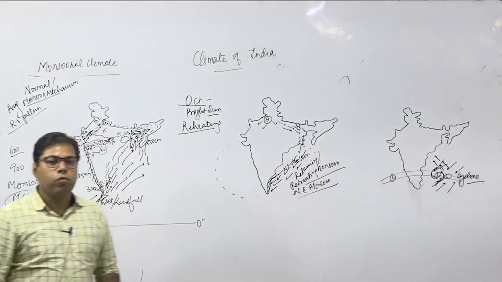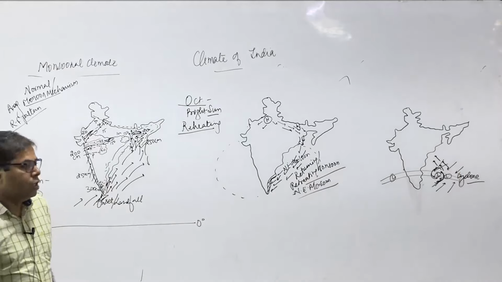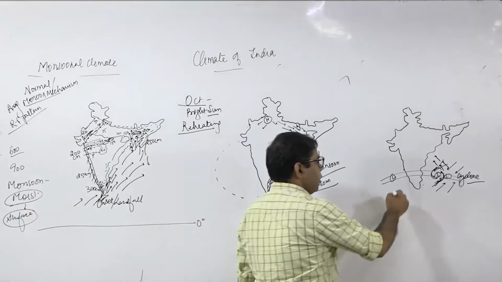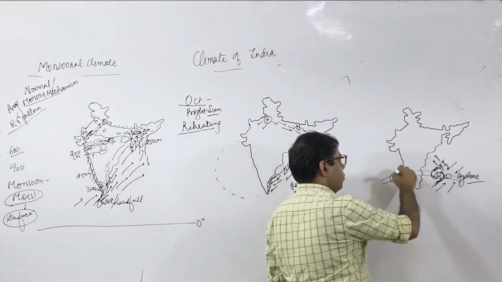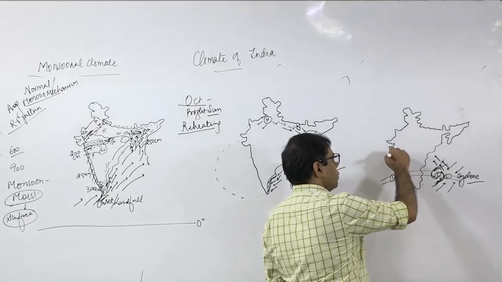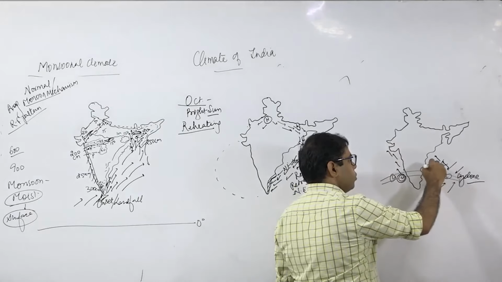Tropical cyclones always move from east to west, so the tropical cyclones developed there move to the west, towards the coast.